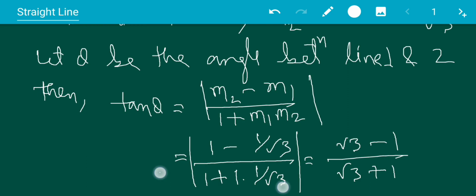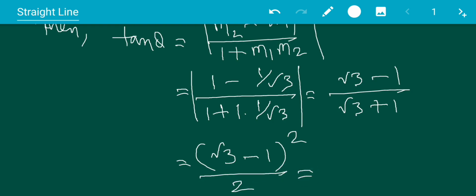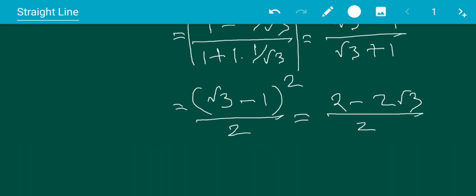So here I can write, multiplying by root 3 minus 1 in numerator and denominator, this is root 3 minus 1 whole square divided by 2. So this is 4 minus 2 root 3 divided by 2. This is simply 2 minus root 3.